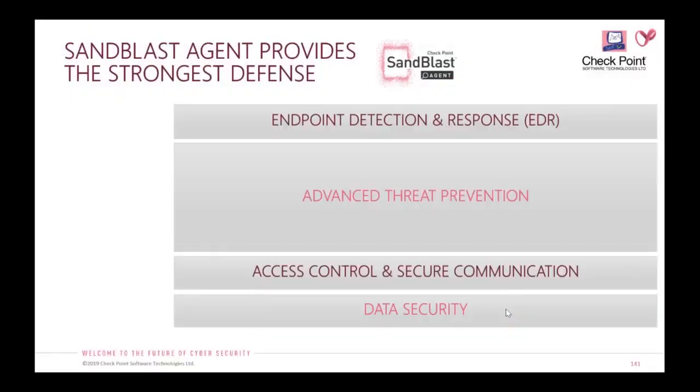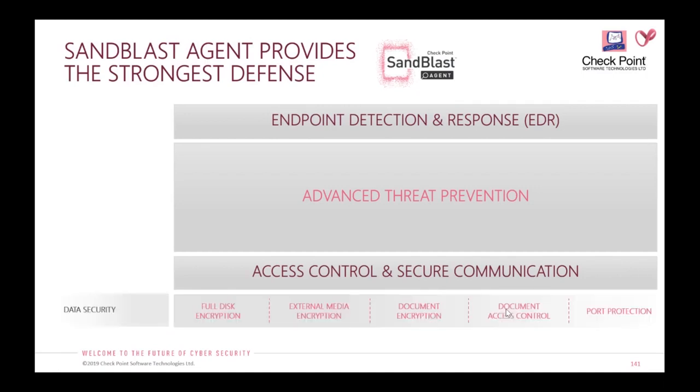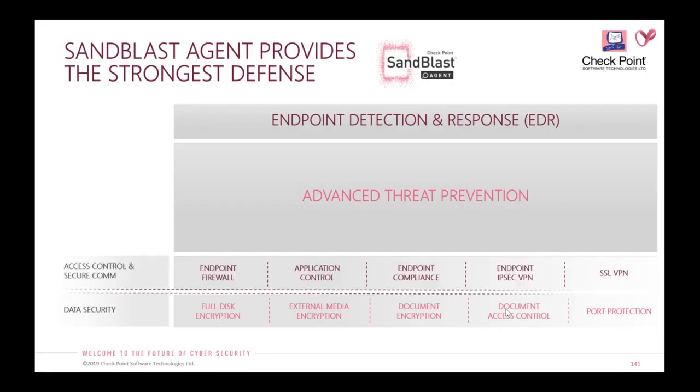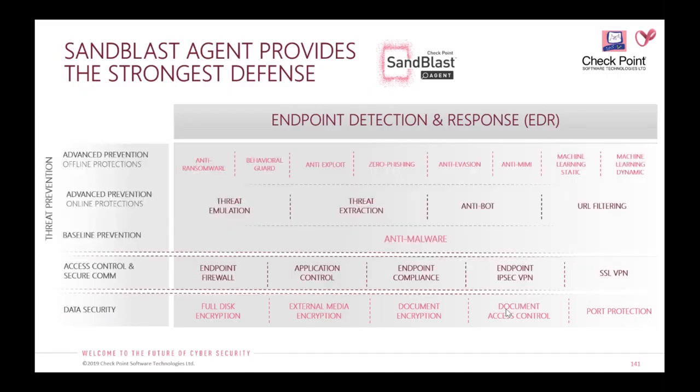So we are going to see what all the components in these things are. Full disk encryption, as we said, all the data related things come under the data protection. And access control will include firewall, application control, endpoint compliance, and everything. And advanced prevention, we just categorized into two things: offline protection and online protection.